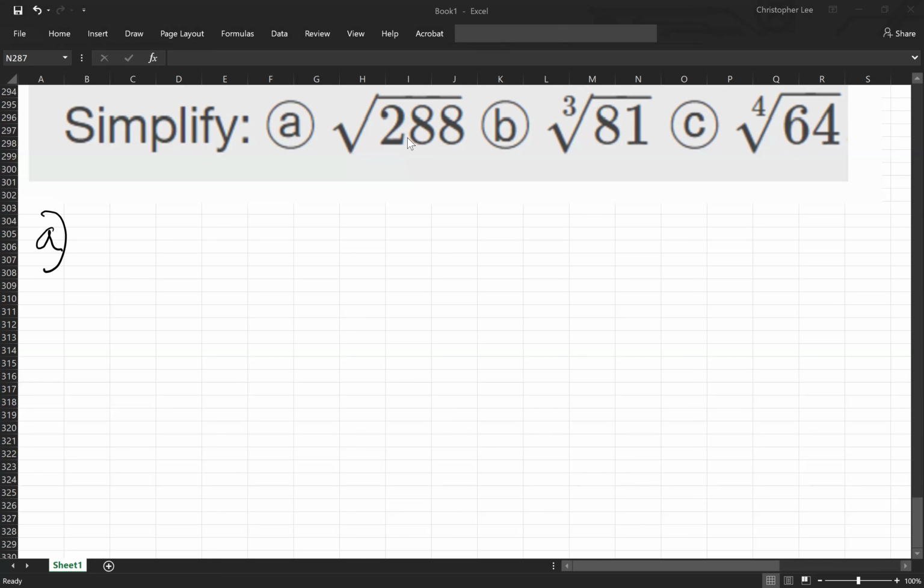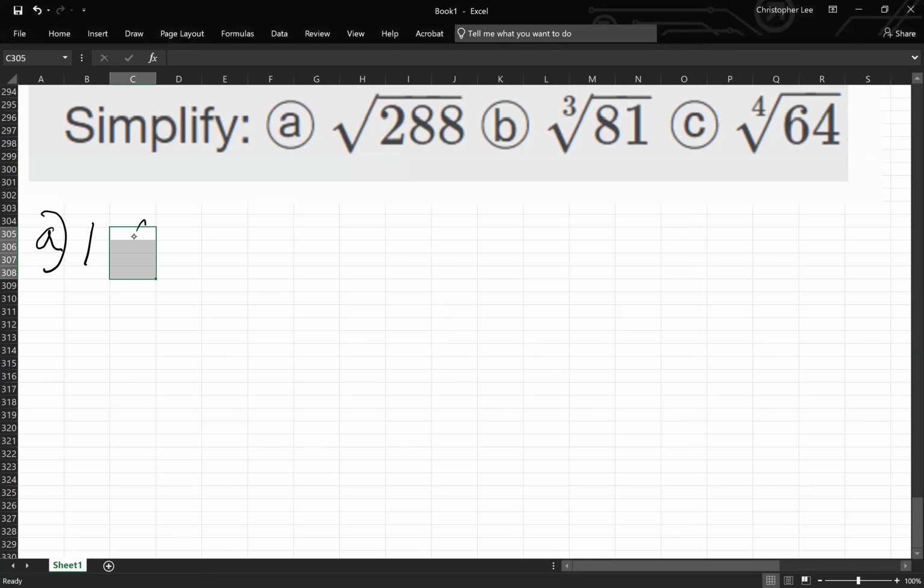I would say 12 square root 2. Good. 12 square root 2. That's the answer. All right.